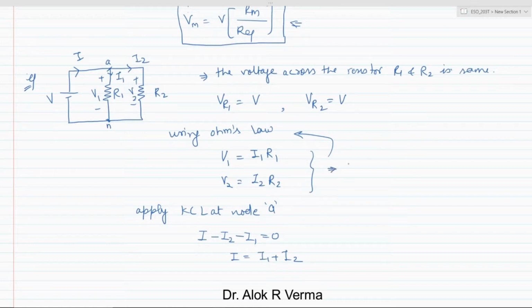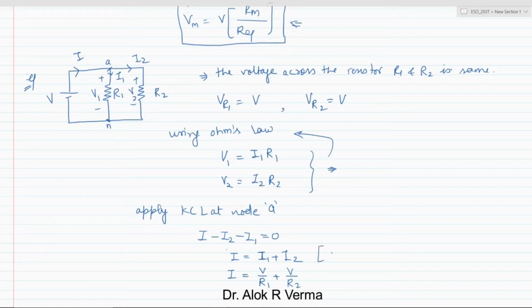So adding these two currents will be equivalent to the total current I. Putting the values of I1 and I2 from the equations, this will be V by R1 plus V by R2.